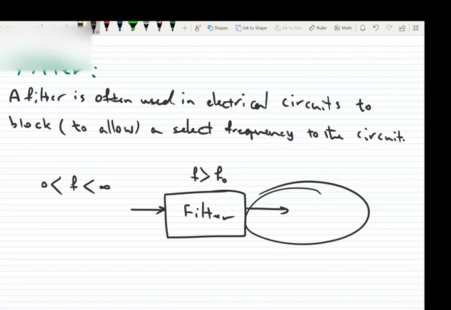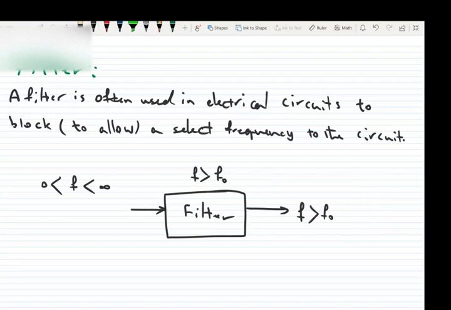So any frequency that passes this filter should be greater than f0, or we can say that the output frequency is between f0 and infinity. Or the filter can allow frequencies less than f0. Depending on the type of the filter, each filter allows or blocks certain frequencies from going through the circuit.